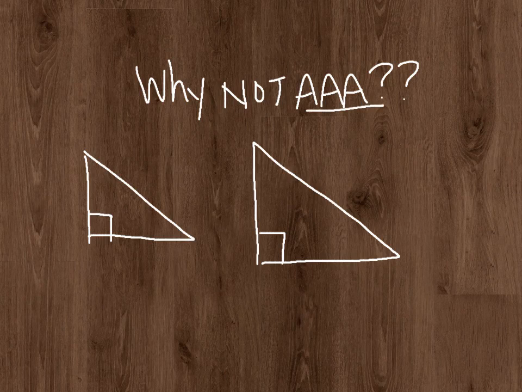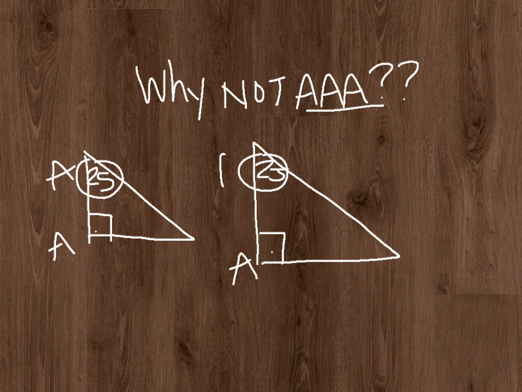Well, let's say that we have this, and we have 2 triangles, and it's clear that the one on the right is bigger than the one on the left, and all we know is we have 90 and 90, and we got 25 and 25. So all we know right now is AA on both sides. Okay, now we know they're equal, because what is 25 plus 90?